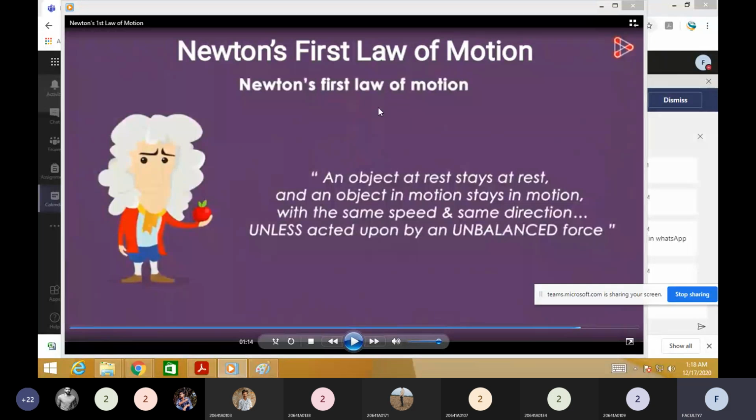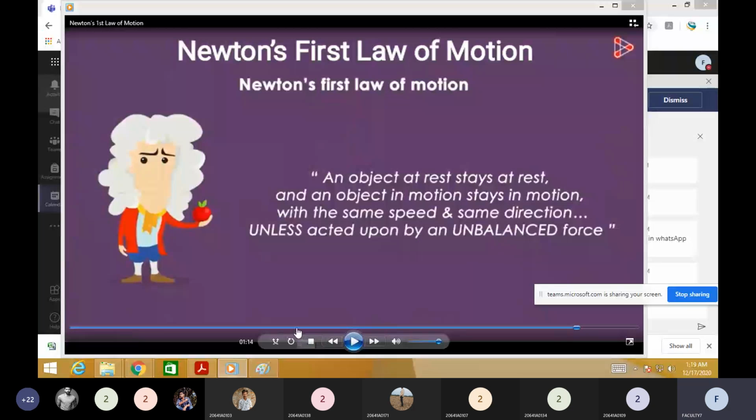Newton's first law can be defined as: an object at rest will stay at rest, and an object in motion stays in motion with the same speed and same direction, unless it is acted upon by an unbalanced force. That is the thing you need to define here.